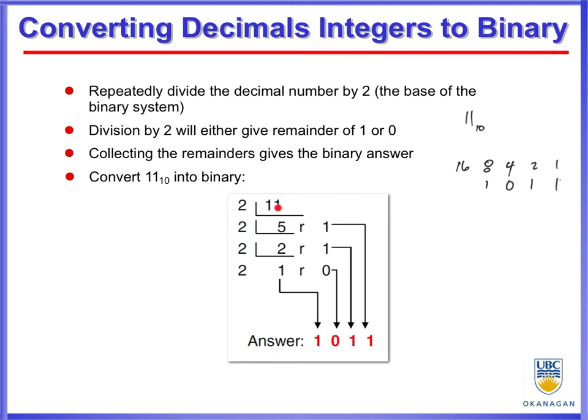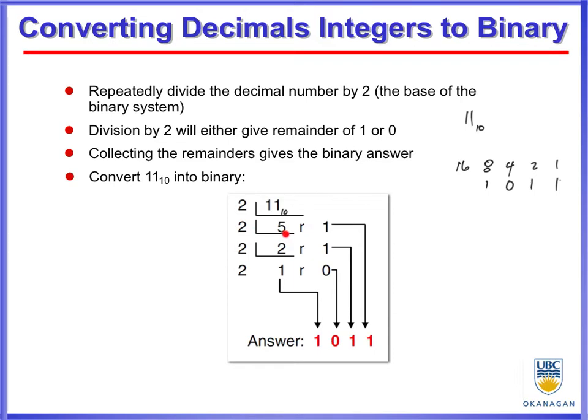So we start down here. Here's our decimal number, 11, and I'm going to put a subscript 10 there to indicate explicitly that that's a decimal number. 11 divided by 2 is 5 with a remainder of 1. This first remainder becomes our least significant digit in our binary number that represents 11.